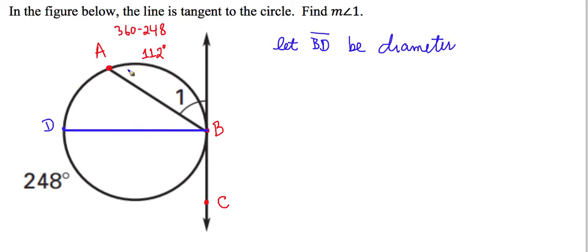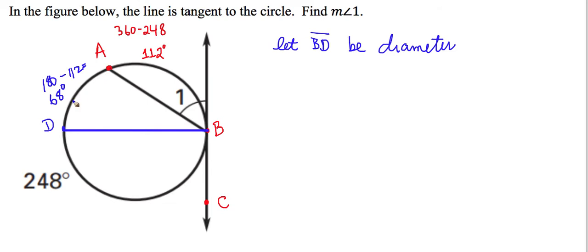So from that information, we can deduce that arc DA here must be 180 minus 112, or 68 degrees. Okay. And keep in mind, what we're trying to do is find the measure of angle 1.